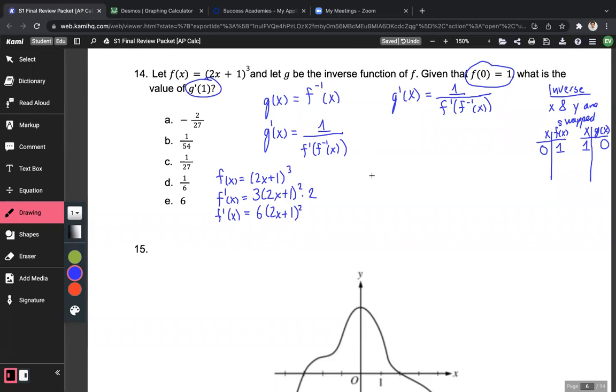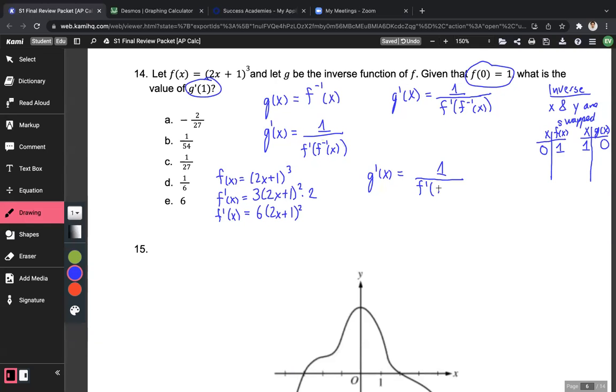So g prime of x is going to equal 1 over f prime, which was 6 times 2x plus 1 squared, and we're evaluating it specifically at f inverse of x. So maybe to make this as easy to read as possible, the derivative of g is equal to 1 over f prime of f inverse of x.